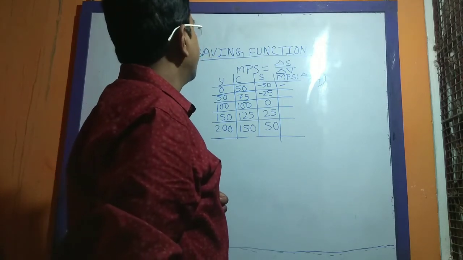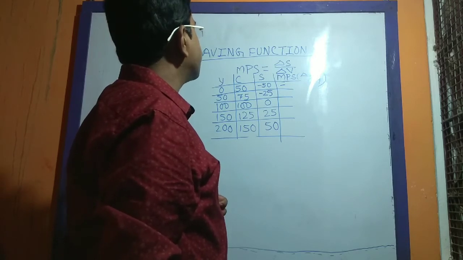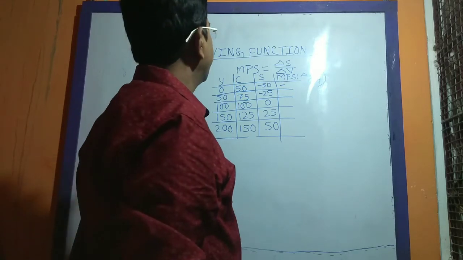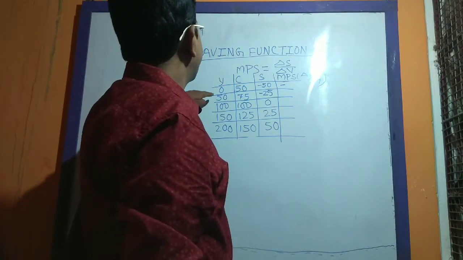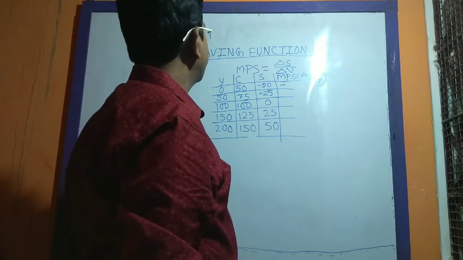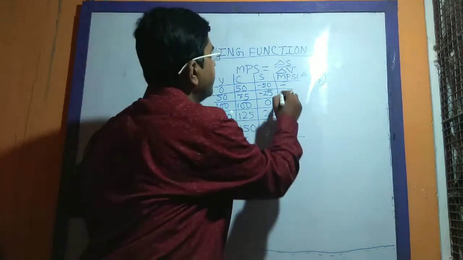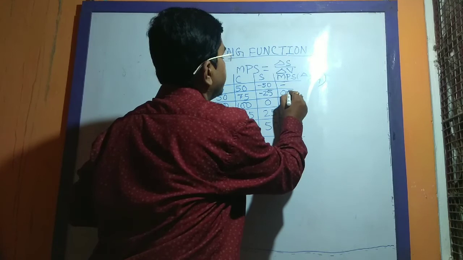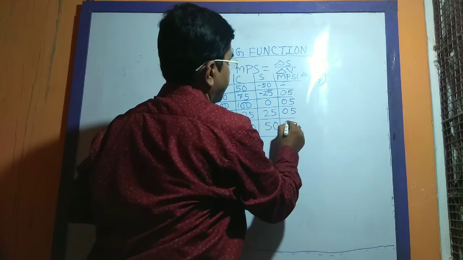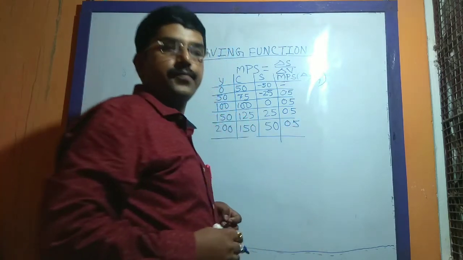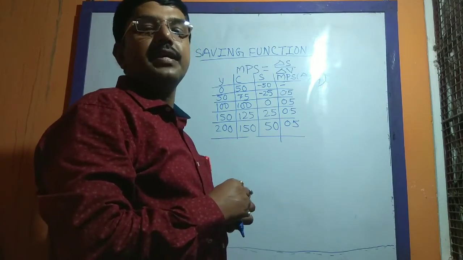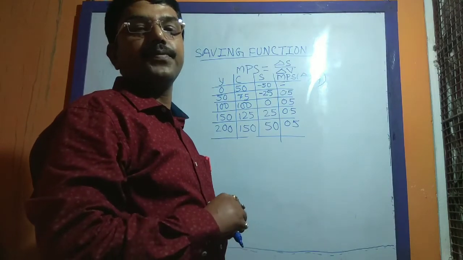At this point MPS will be minus 50 by 0, that will be infinity. After this point, 0 minus minus 25 by 50 is 0.5. MPS will be 0.5. So marginal propensity to consume and marginal propensity to save remain constant.